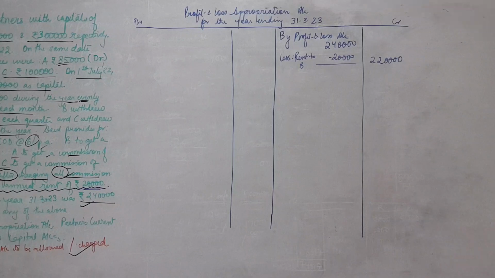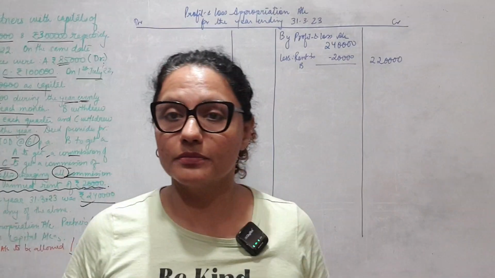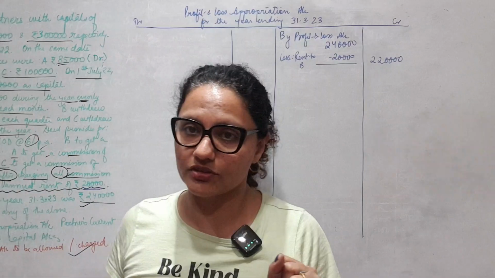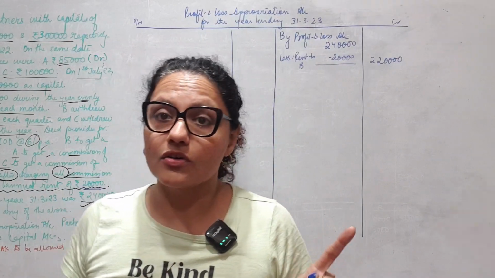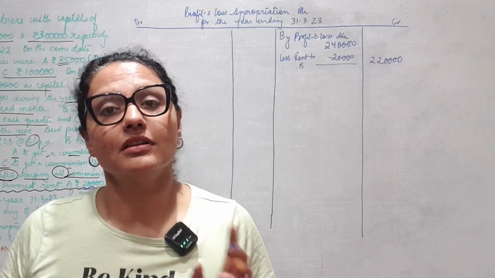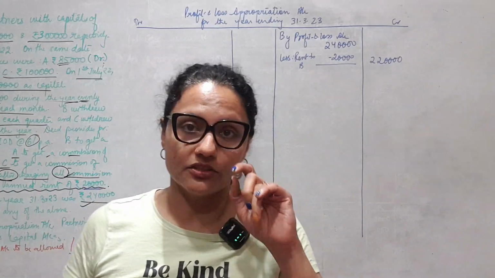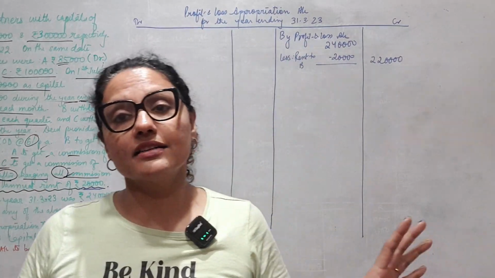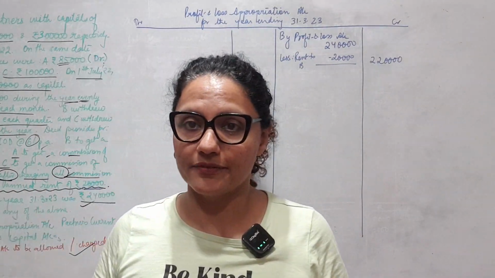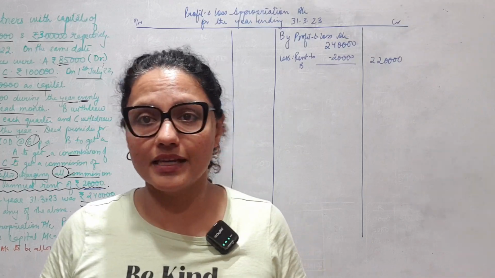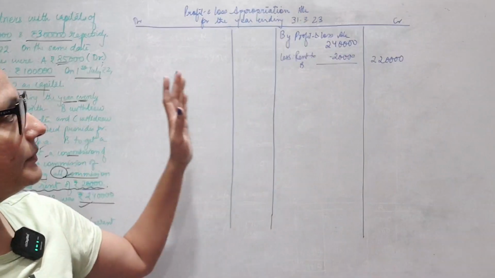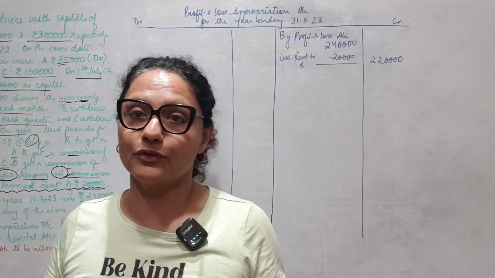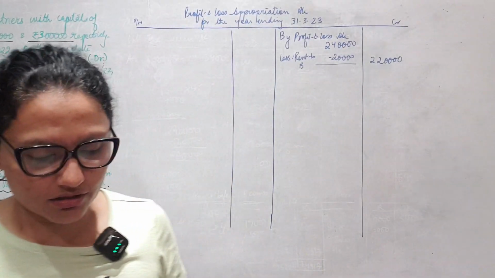Please do not make the mistake of putting the rent on the debit side of the appropriation account, which is technically wrong because it is not an appropriation, not to be debited to P&L appropriation. Since we haven't charged the rent till now, we need to subtract rent from the given net profit. The answer will be the same, because putting it on the debit side also means a minus, but you will not get marks for that, because that is wrong, of course.